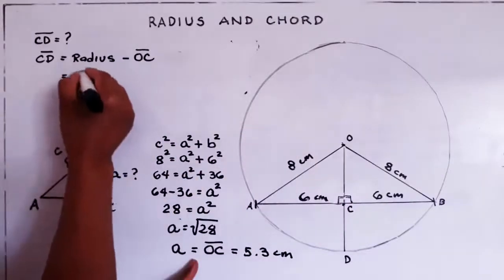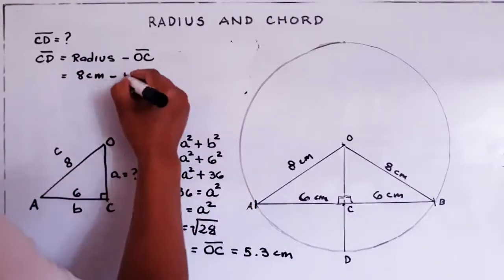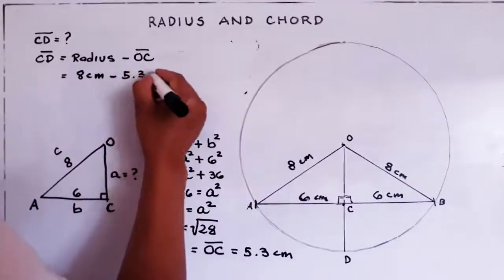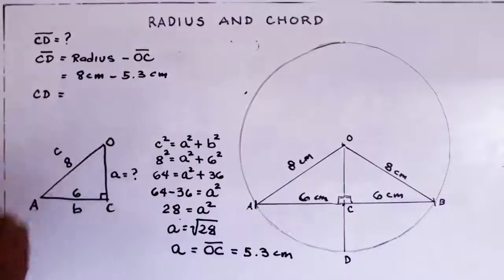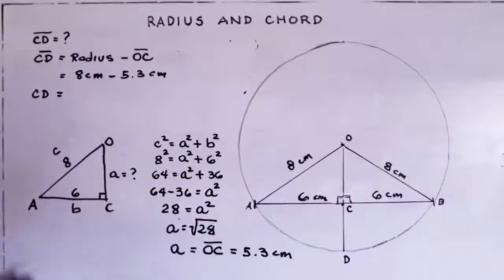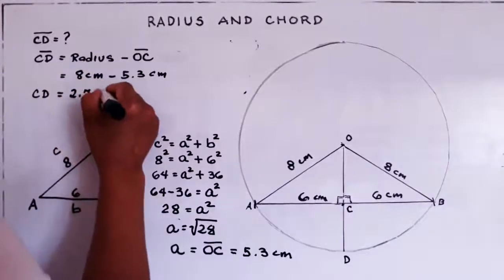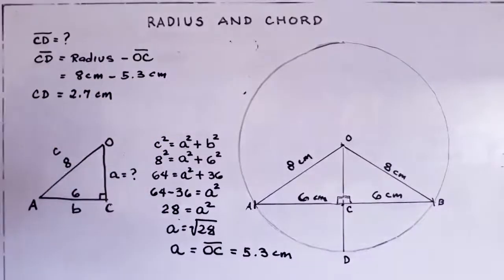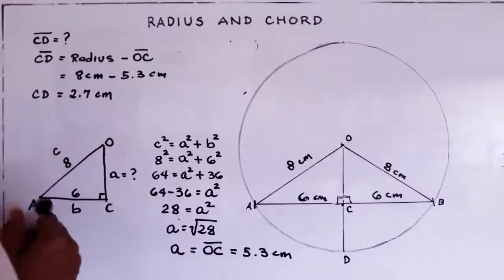So we have 8 cm minus 5.3 cm. So our CD is now equal to 2.7 centimeters.